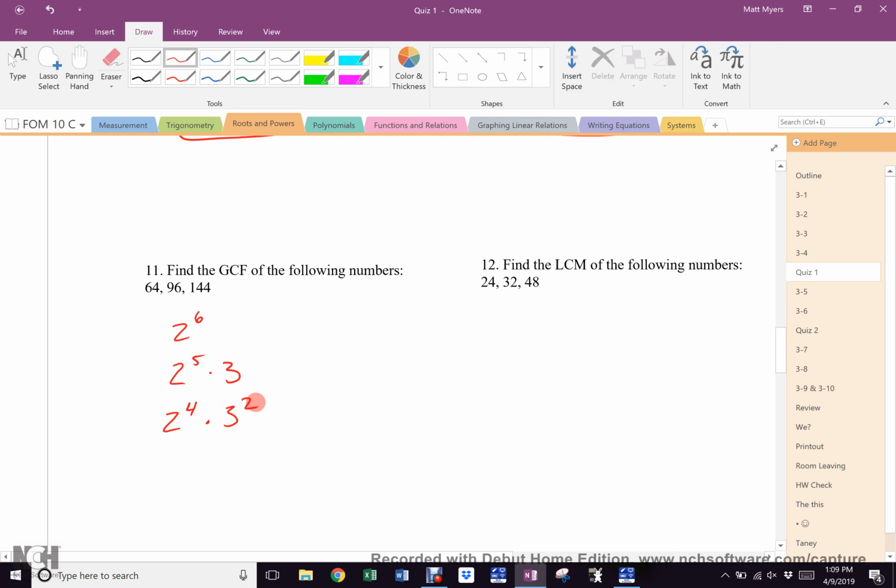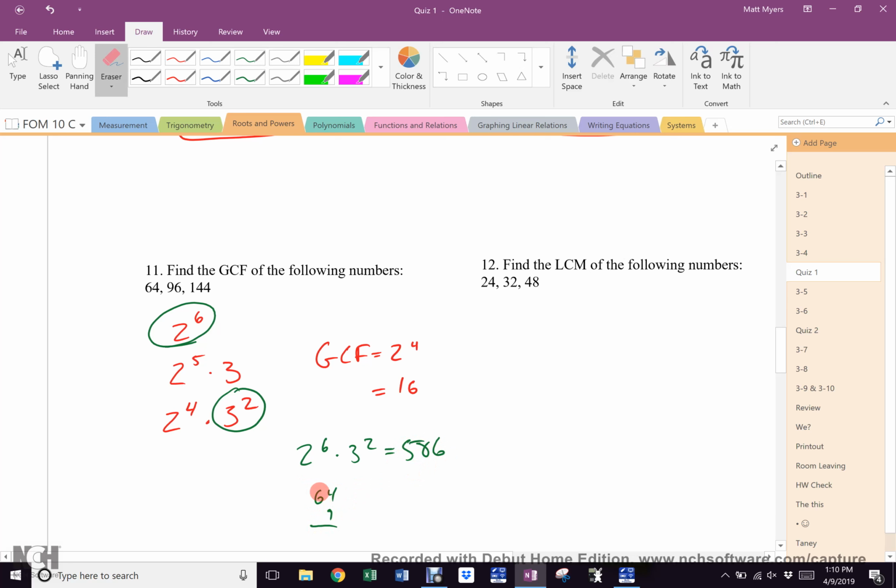GCF is everything common to all of them. 2 to the fourth, which is 16. And the LCM is everything once, so 2 to the sixth and 3 squared, which is 64 times 9, which is 640 minus 64, which is 586, I think. Yeah, 586.